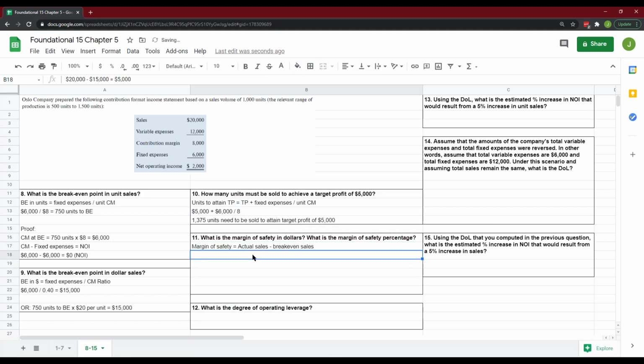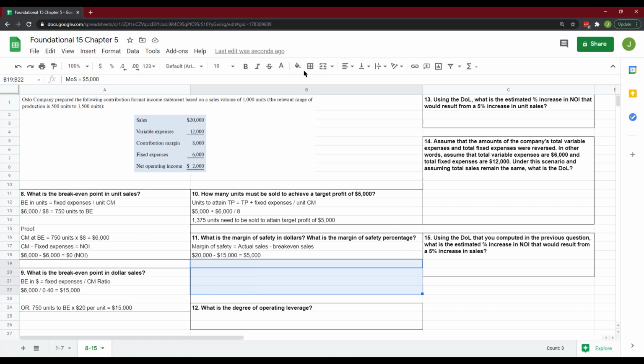Okay, so margin of safety is just actual sales minus your break even sales. So we'll take then the 20,000 minus the 15,000 gives us a margin of safety of 5,000. But then it also asks us, what is the margin of safety percentage? That is just asking, what is that margin of safety in dollars divided by your sales? So what is it as a percentage of sales?